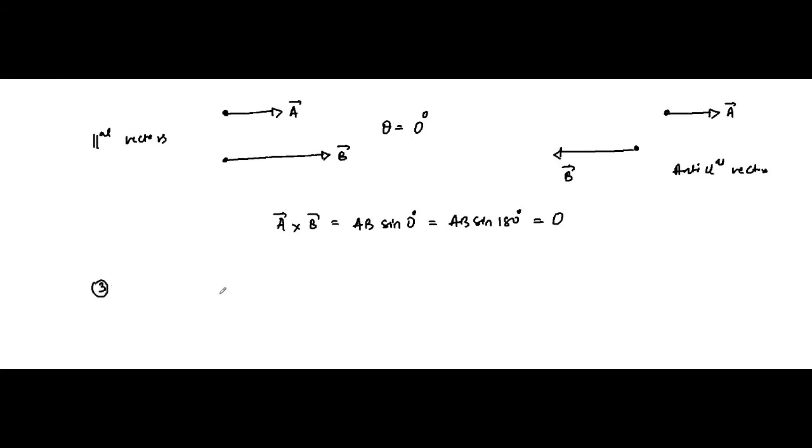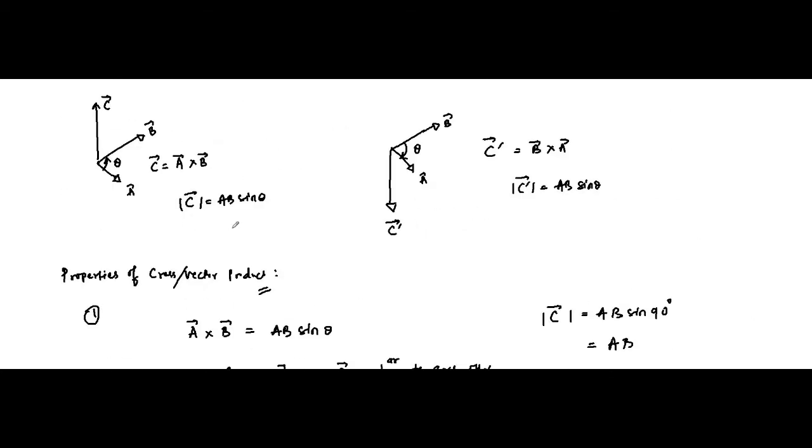Now we know that when it comes to cross product, and we emphasized that point in the previous video also, the order in which the vectors are multiplied is very important. So here, in A vector cross B vector, A vector is the first vector and B vector is the second vector.